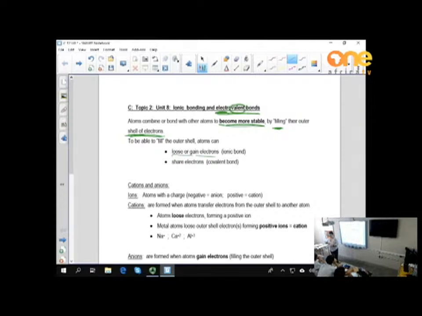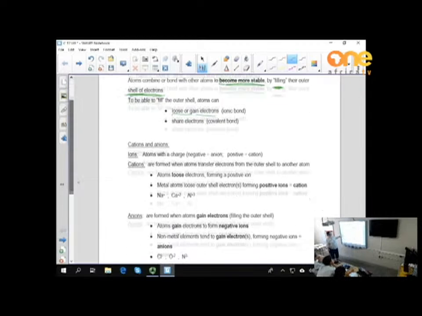You were taught last year that metals tend to throw away their outer shell electrons and form positive ions, while the non-metals tend to gain electrons to fill up their outer shells, forming negative ions. Or by means of the covalent bond, where the elements overlap their outer shells and share outer shell electrons. We will have a look at those bonds as we carry on.